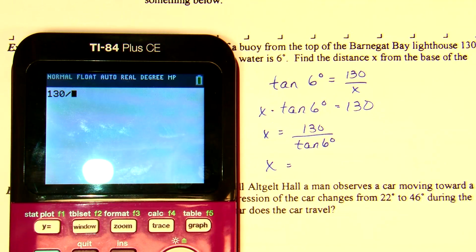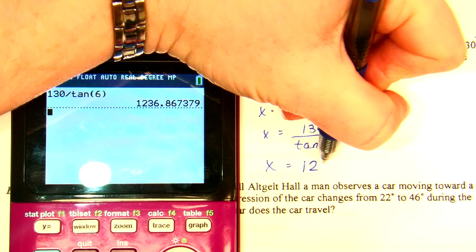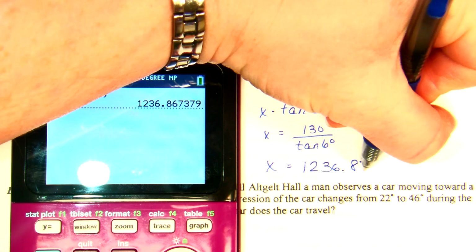My calculator will do this fine and I won't need parentheses, I think. Some of you maybe put it in as a fraction, but it should work. Yeah. So 1,236, and I'm going to go 2 decimal places. So 1,236 and 8,700 feet.